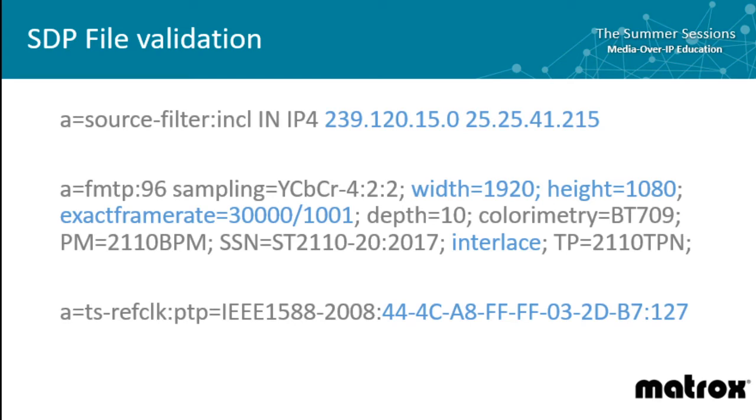The IP address of the interface it's coming out of is 25.25.41.215. So you can check that. You can see that this is a 1080i signal, and it's interlaced, and it's 29 point something, because it's not 30, sorry. And then we can see that the reference clock used by this device is on, as the ID, the big string of numbers there, domain 127.